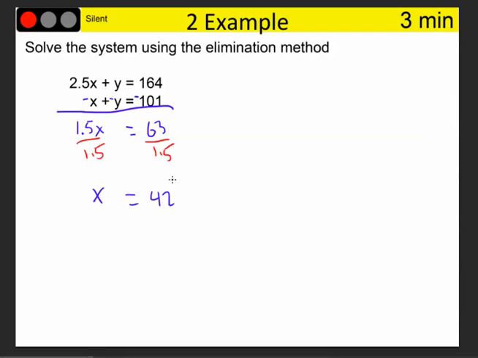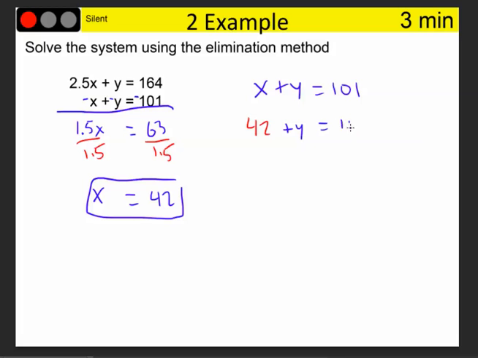Now that we know what the value of x is, we can plug that back into one of these two original equations. I think I'm going to plug it back into the second one because it's simpler. x plus y equals 101. And so then in place of x, write 42 plus y equals 101.